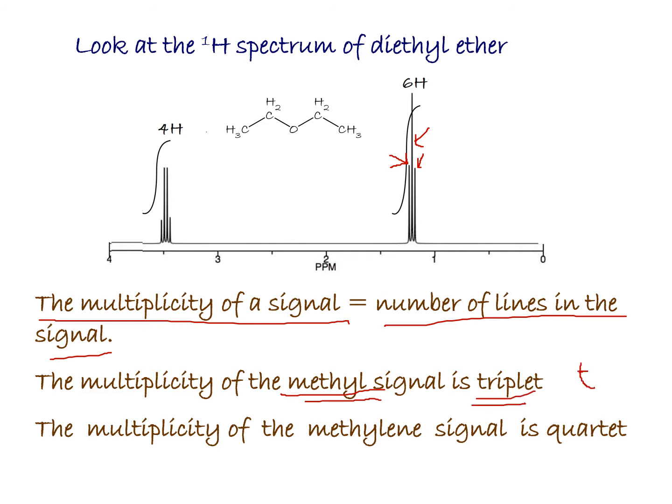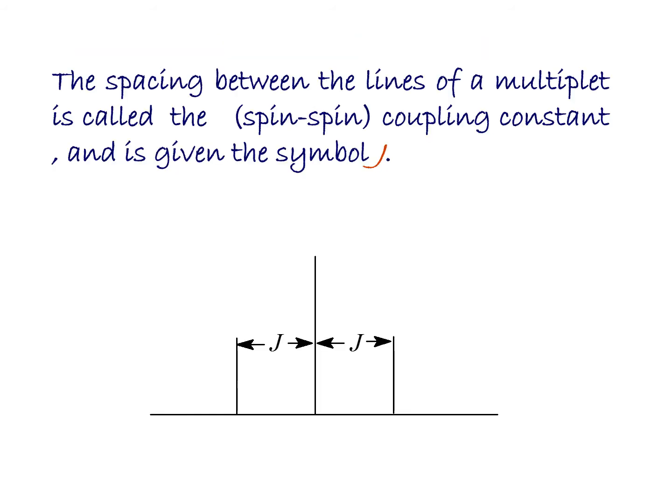Triplet. The multiplicity here for the methylene: 1, 2, 3, 4. The multiplicity of methylene is a quartet, 4 lines, quartet, Q. And the space between the lines of the multiplet is called the spin-spin coupling J constant.